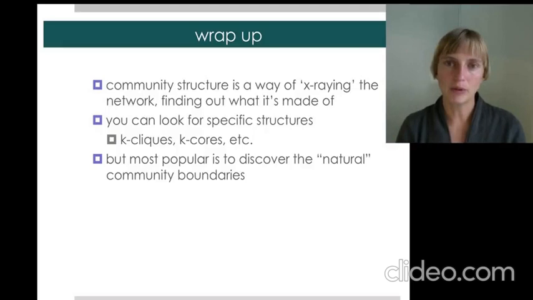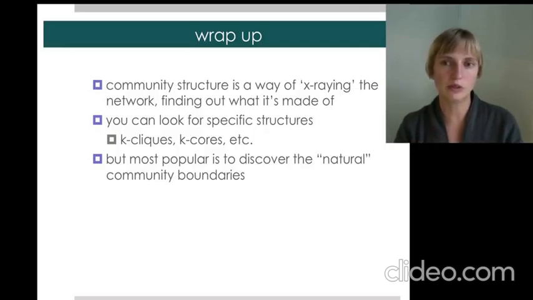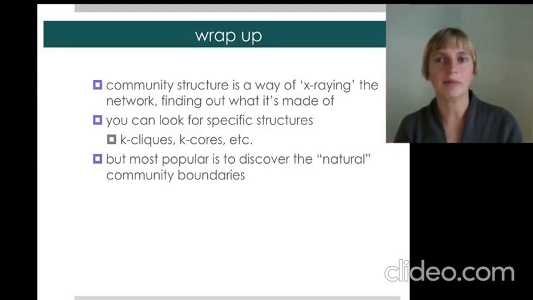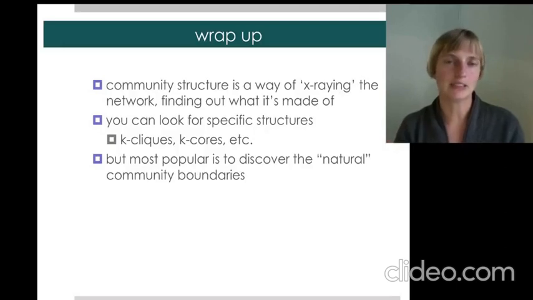Now, how we approach that discovery of interesting structure is partitioned into two different themes. The first one is that you're going to look for specific structures. For example, you're going to look for cliques or k-cores. But if the network actually doesn't exhibit this structure and it exhibits some other structure, this approach can be too rigid.